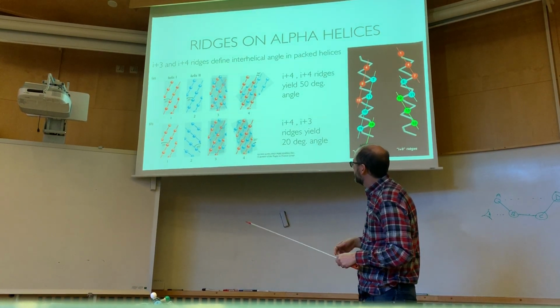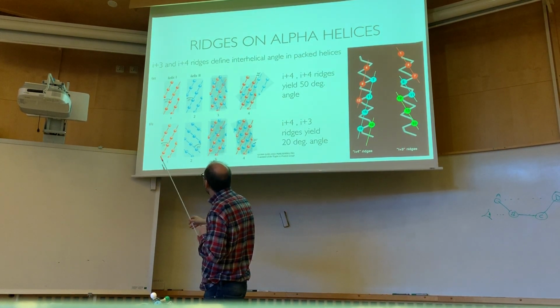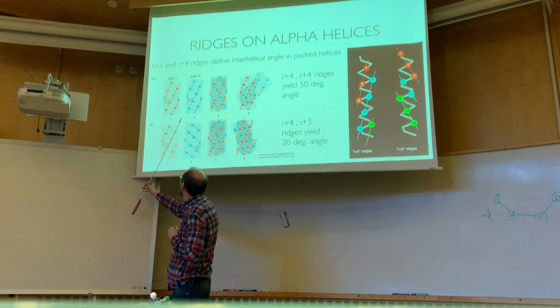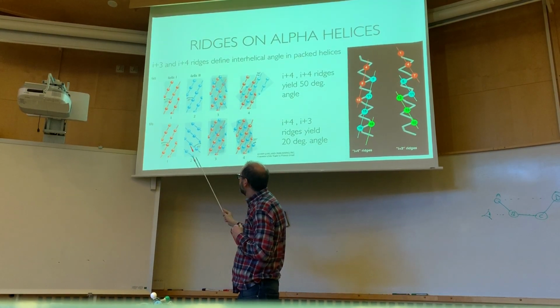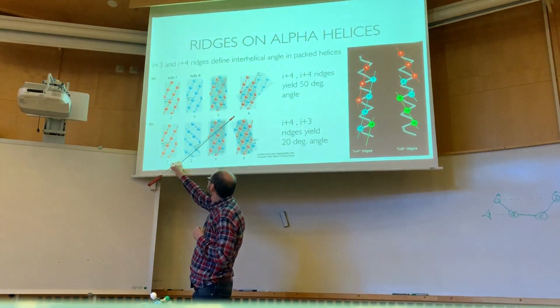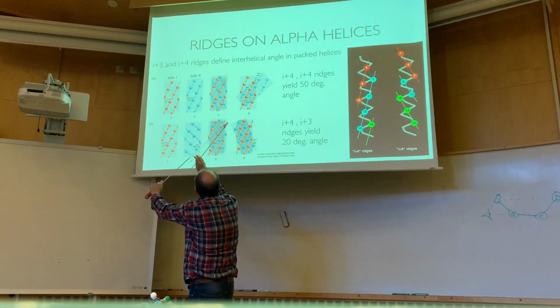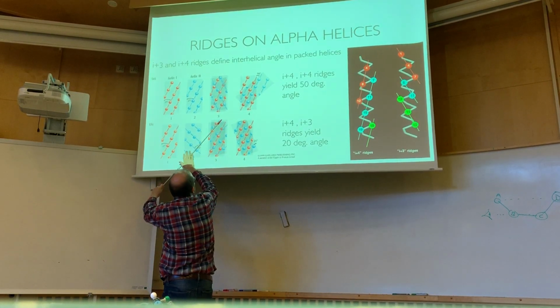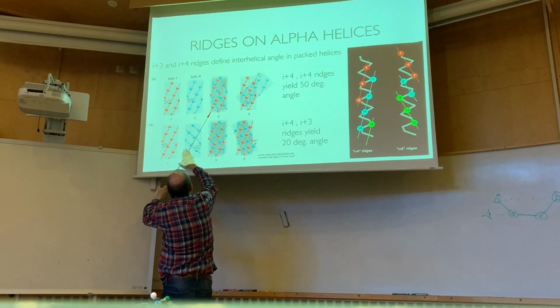Well, I think we have examples of both in these slides. But anyway, in this case, you've got interaction between this I plus 4 threads and these I and I plus 3 threads. Remember, this is the front view. So that view of this guy has them going this way, 45 degrees, and we want them to lie in here. So all we have to do is go from 45 degrees a little bit up to 20 degrees.